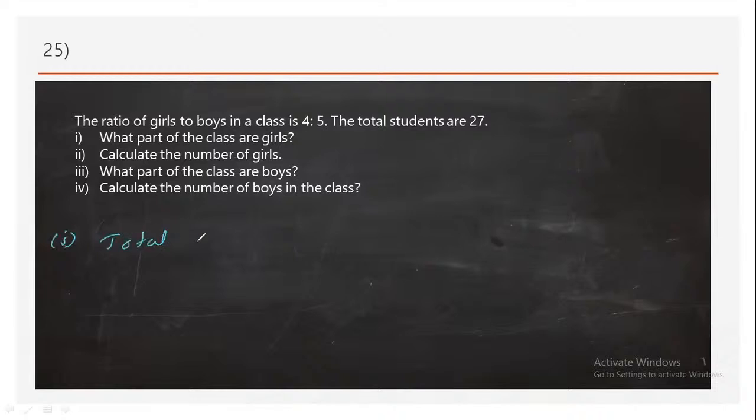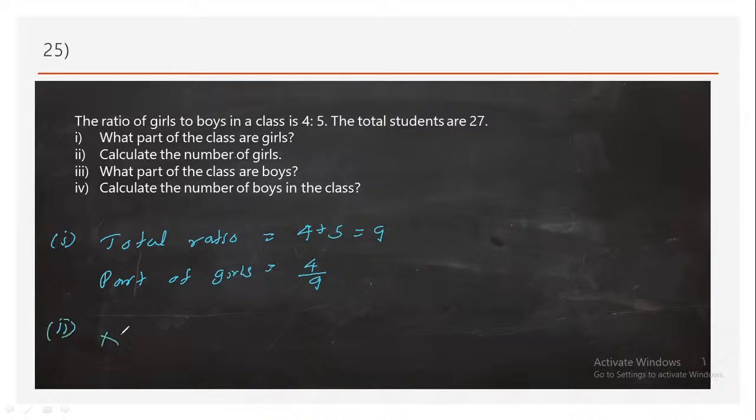Total ratio equals 4 plus 5, 9. Part of girls, here you can write 4/9. Calculate the number of girls.